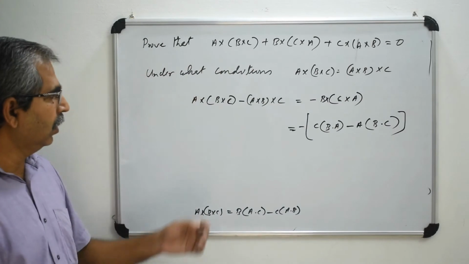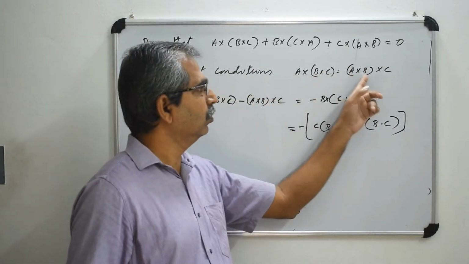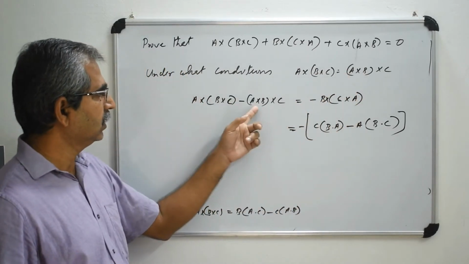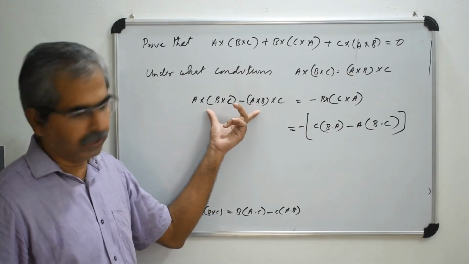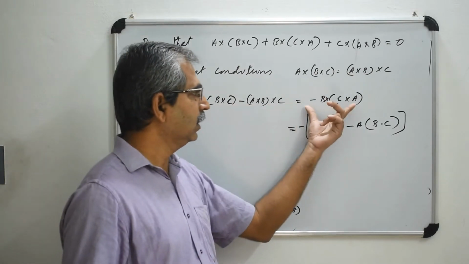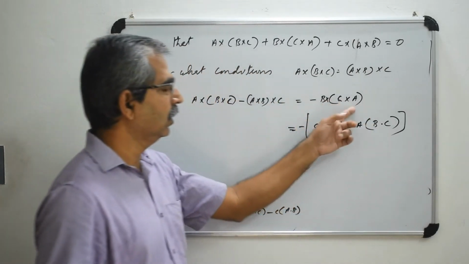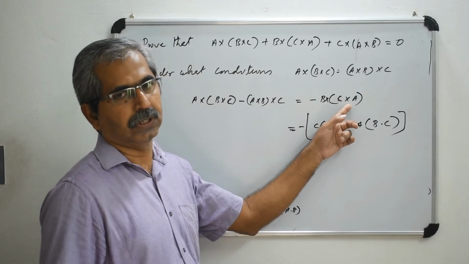Now, see, our question is under what condition these two will be equal. These two will be equal means subtracting that one, this should be equal to 0. So this should be equal to 0 means that there are two conditions. From the first one, we can conclude that this is a cross product, isn't it?